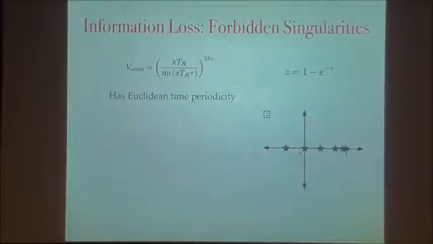Okay, great. And beyond that, we can see another signature of information loss, that is the forbidden singularities. If we look at the semi-classical block in the direction of the Euclidean time, you immediately see that there is a periodicity controlled by the Hawking temperature. This is expected because if your system approximates a thermal system, then it had better have periodicity along the Euclidean time direction. But from the unitarity point of view, this is absolutely absurd because it will map singularities.